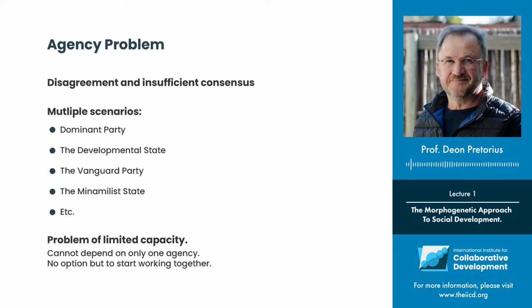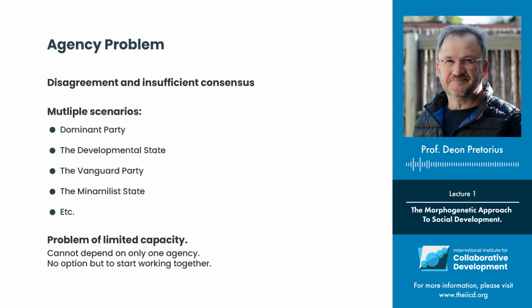The problem that we have in South African society and countries like South Africa is that we cannot depend on a single agency, whether that be a political party, the state, the market, or whatever mechanism or agency we want to refer to.